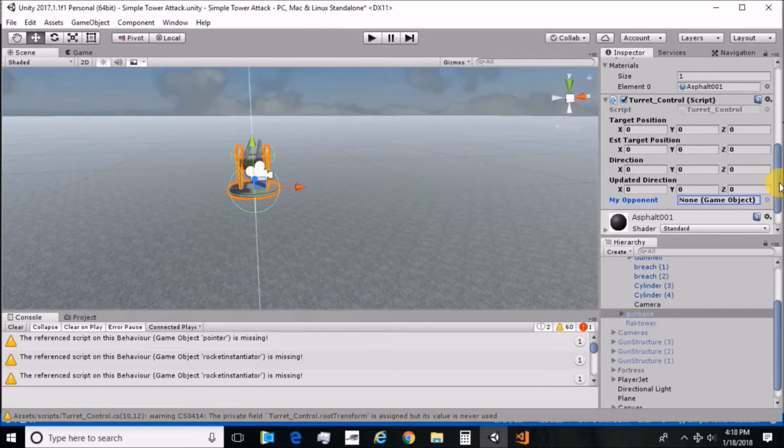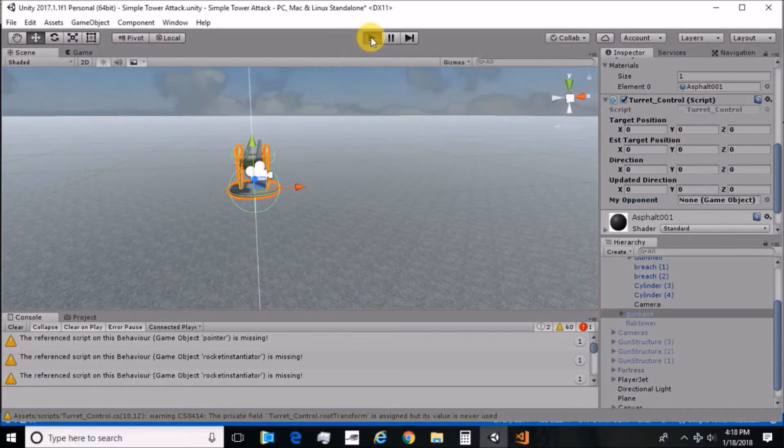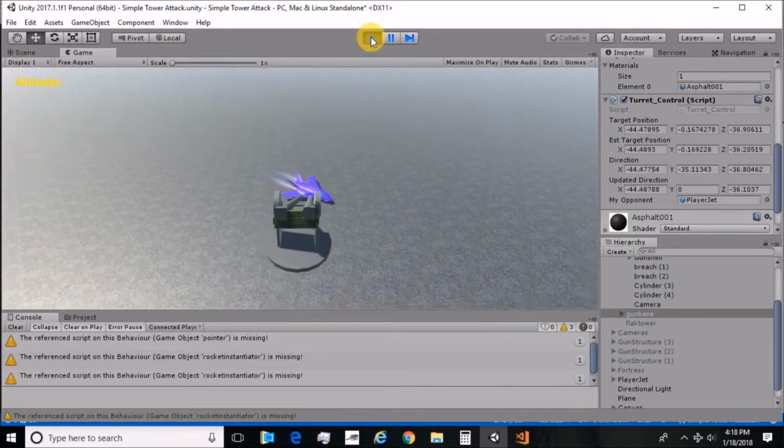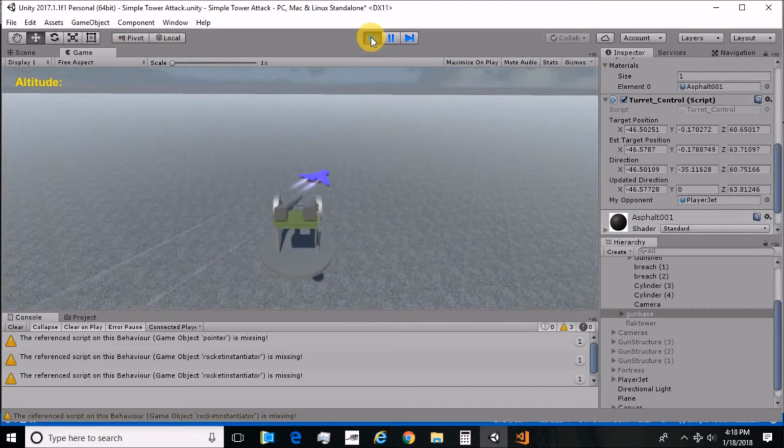So when possible, I try not to set objects in advance in the inspector if there's any chance that they're going to change during runtime. And of course, all these other things are visible in the inspector, but it would be entirely unreasonable to try to set them in advance. The reason that I've got them as public, including my opponent itself, is simply for debugging purposes.